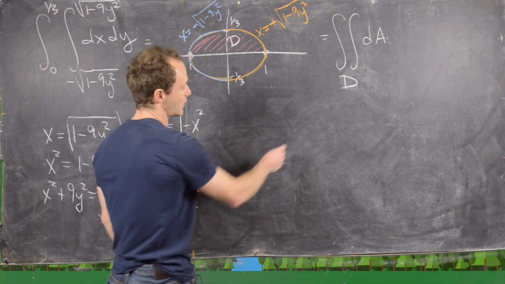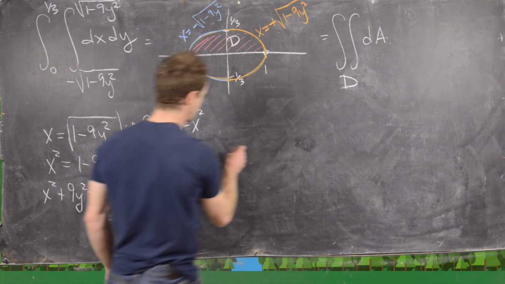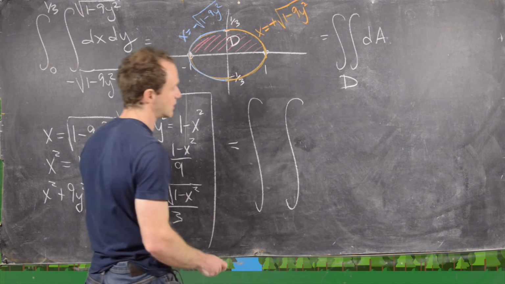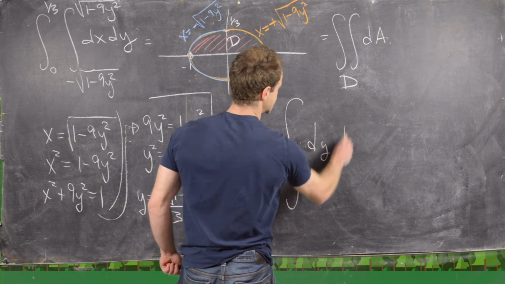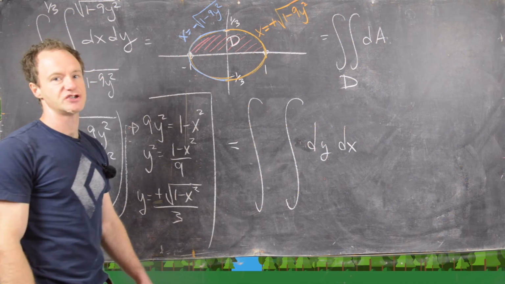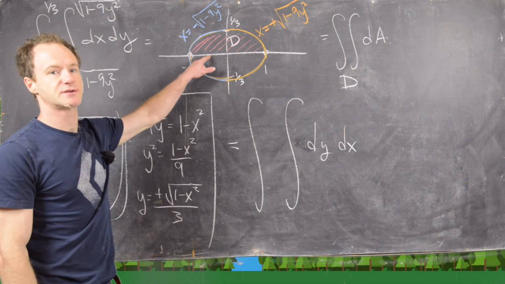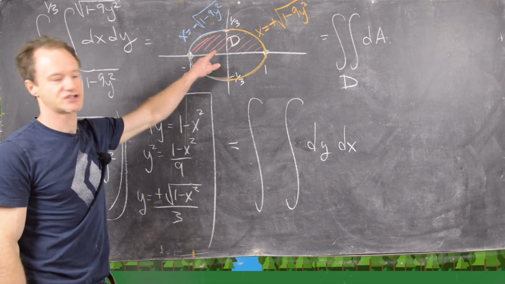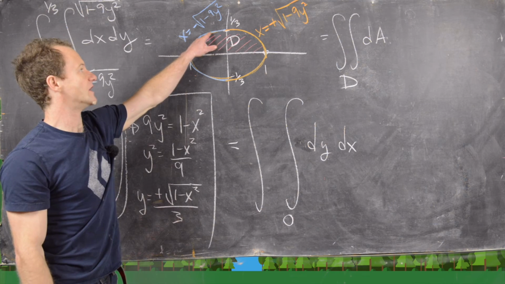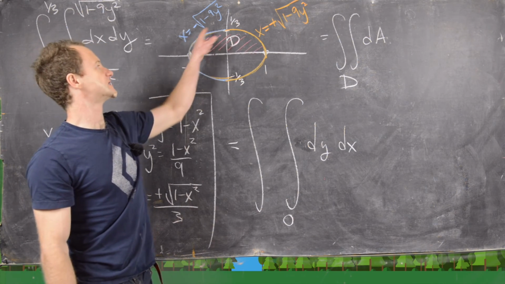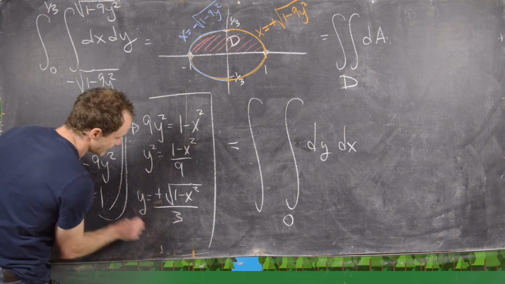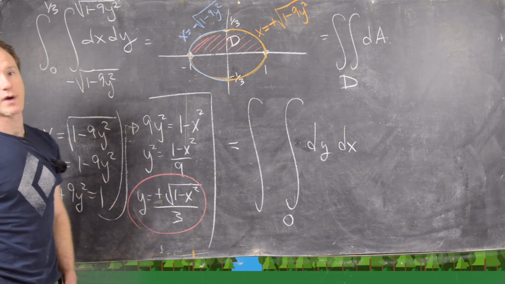Okay, so now if we're wanting to change the order of integration, we will want to write this as an iterated integral of dy dx. So the y integral is on the inside. Now we look to our region and notice that the smallest y value we can have is 0. So that's just the x-axis. Great. And then the largest y value that we can have is along this upper part of the ellipse, which we have noticed is just this equation right here.